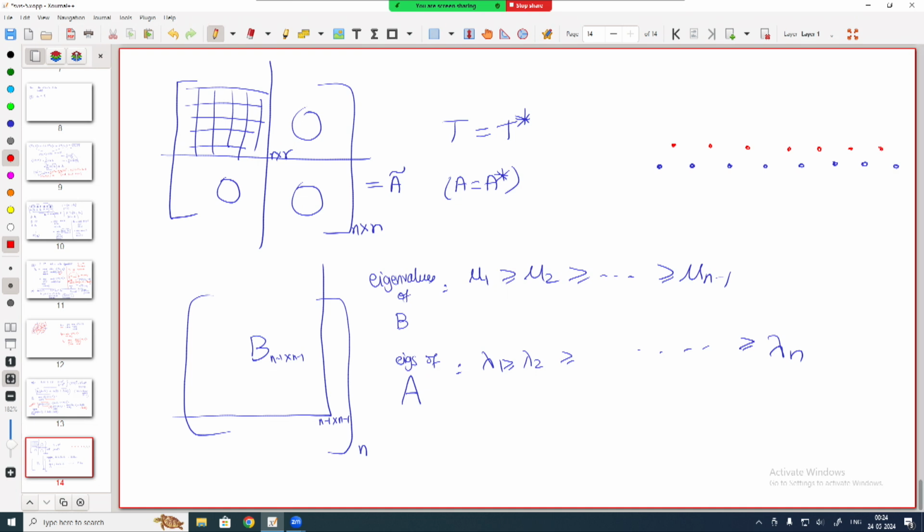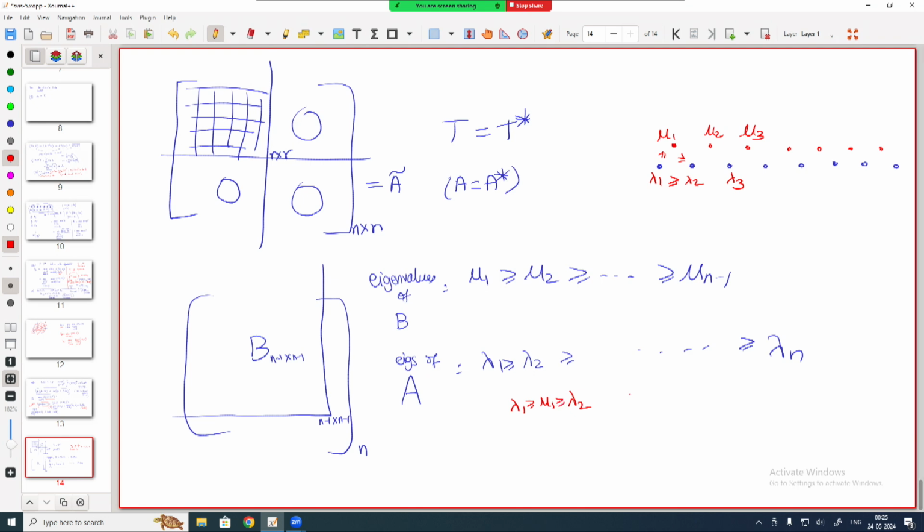What do I mean by writing it like this? It just says that if this is lambda 1, lambda 2, lambda 3 and so on, then I have these inequalities. Remember lambda 1 is bigger than lambda 2, but when I put this on top, what I mean is that this one lies between these two numbers. So mu 1 is some number which lies between lambda 1 and lambda 2, the first two eigenvalues.